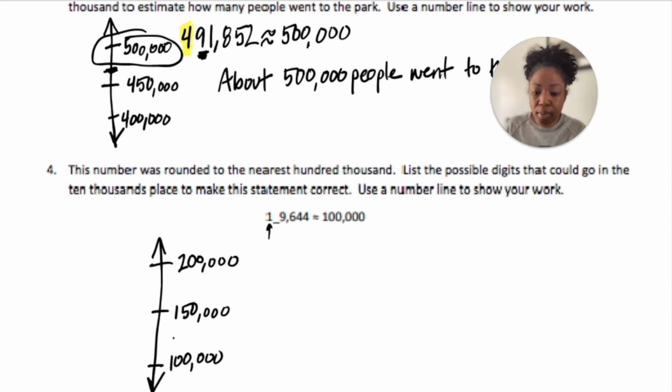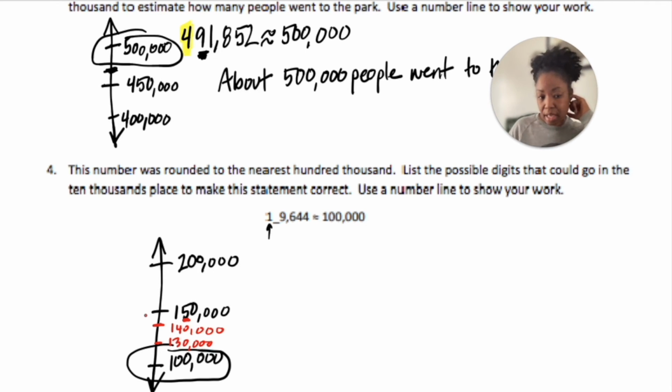So if I want to round down to 100,000, it would have to be anything less than 5 in this 10,000s place. So it could be 4 10,000s, some number with 4 10,000s. It could be 3. It could be 2, and so on and so forth. It has to be less than 5.